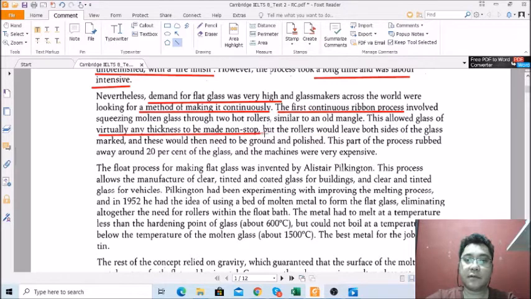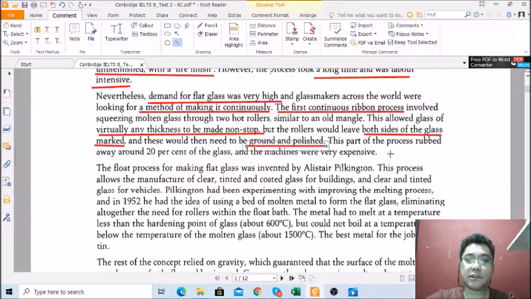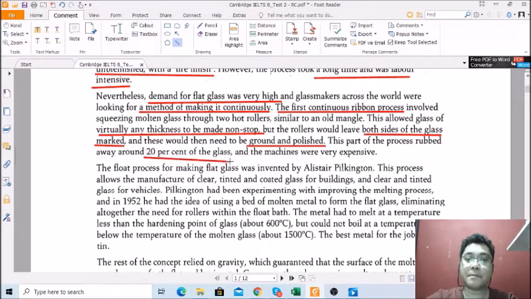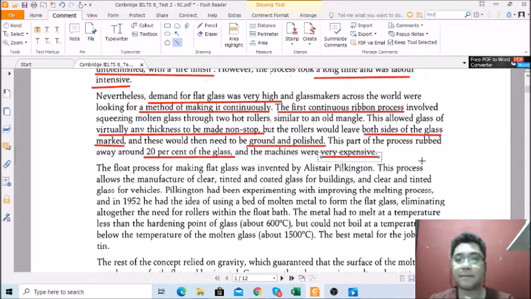This is very, very interesting, but both sides of the glass were marked. Then it needed to be ground and polished. This part of the process robbed away about 20% of the glass, and the machines were very expensive. So again, this is about another process, but it has positives and negatives as well.